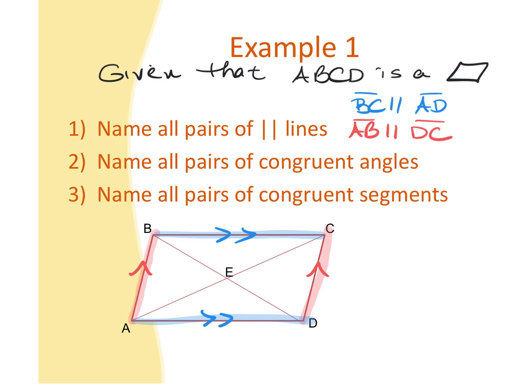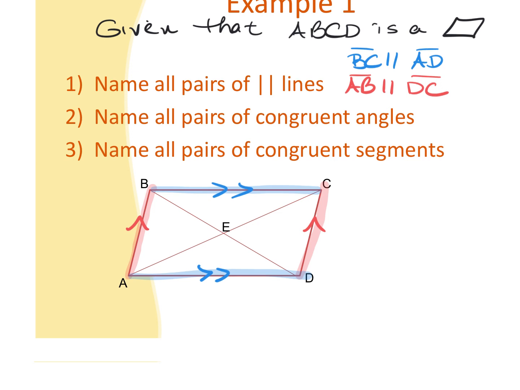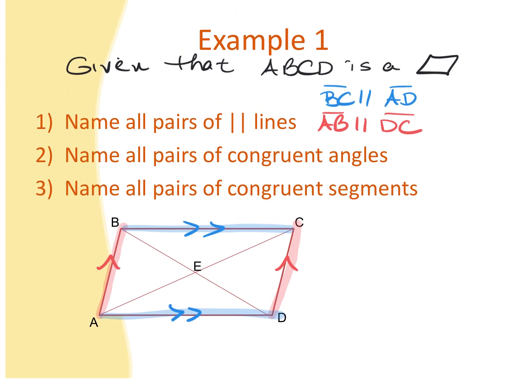So in order to answer number 1, this was the definition. Now to answer number 3, I'm going to use one of the theorems that I just covered, and to find the congruent segments, I can use my parallelogram opposite sides theorem.